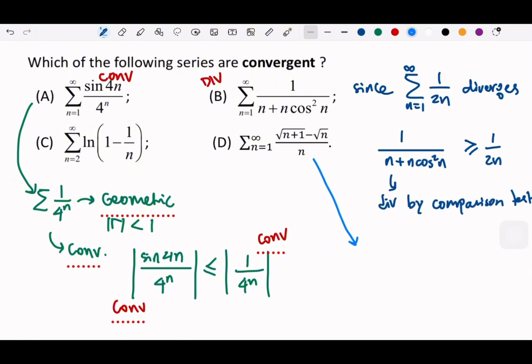So we can take its conjugate, we multiply, or we say rationalize this, to make the form better for observation.